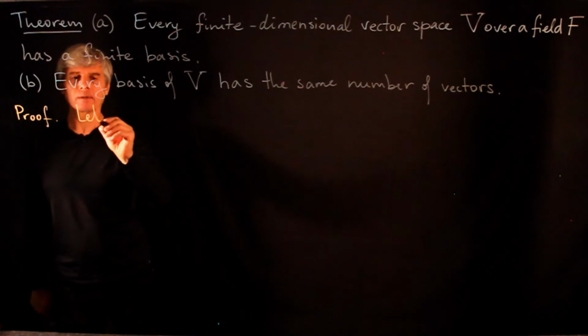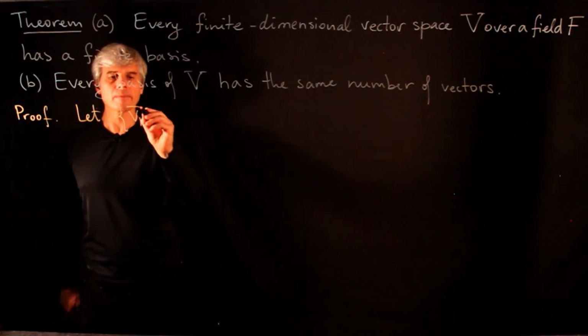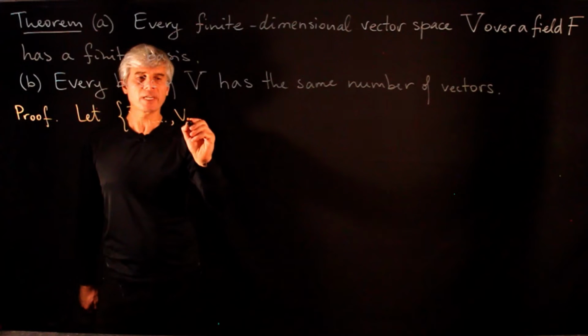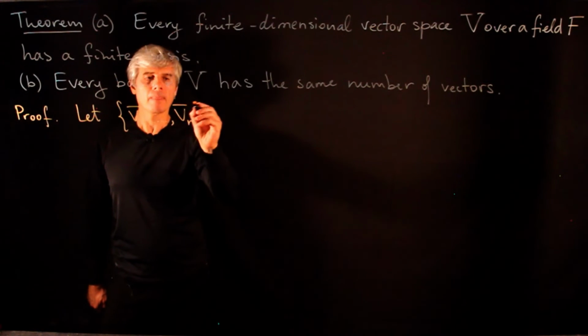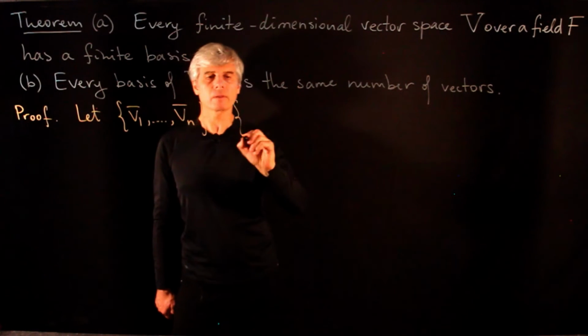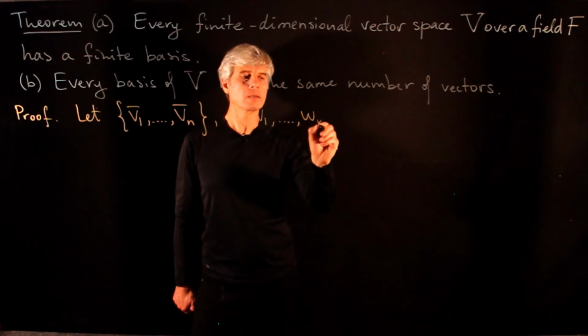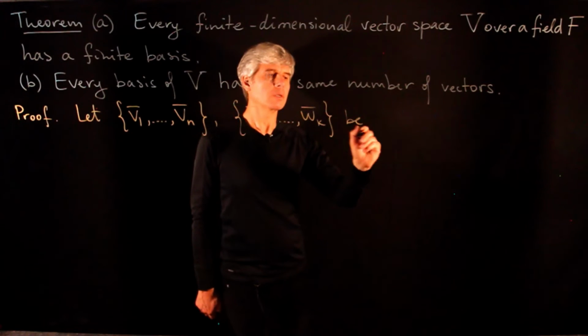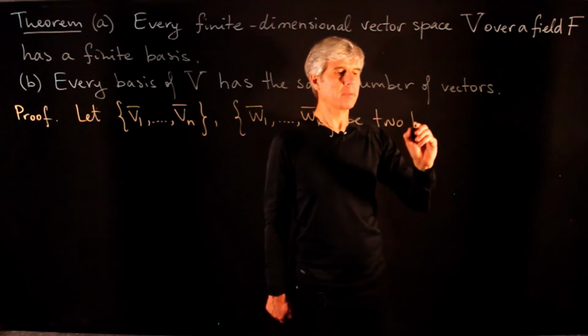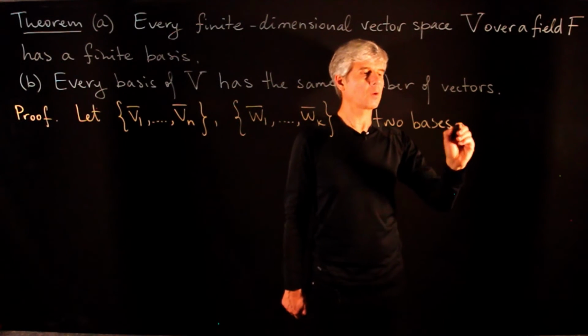So let v1 through vn and w1 through wk be two bases of V.